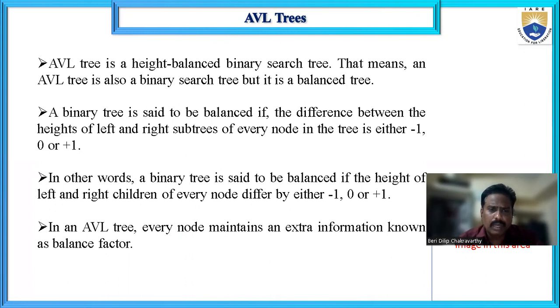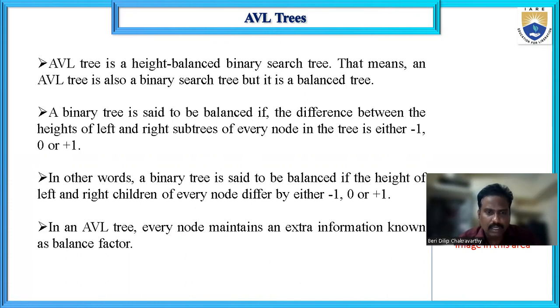In other words, a binary tree is said to be balanced if the heights of the left and right child of every node differ by either -1, 0, or 1. Of course, all of this is explaining the height only. We are just calculating the height of the left subtree and the height of the right subtree, and finding the difference.